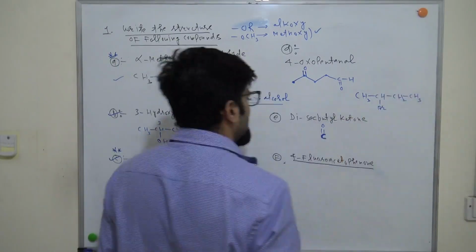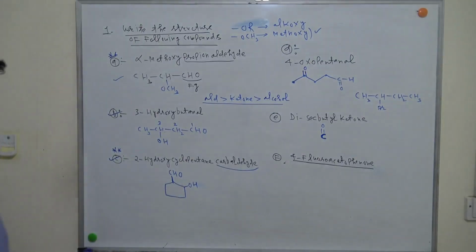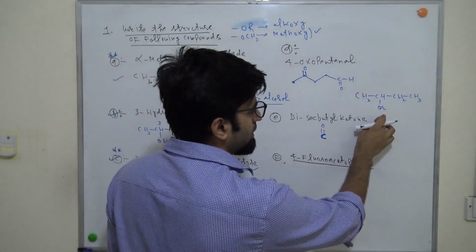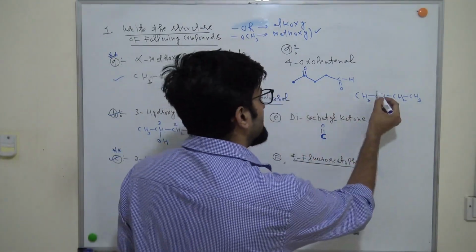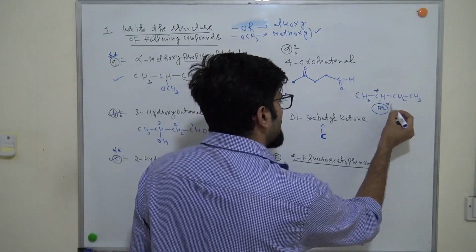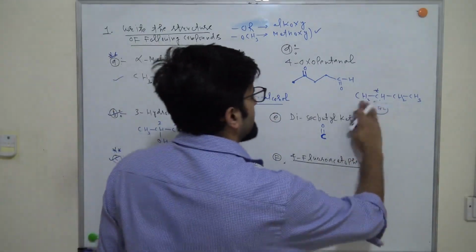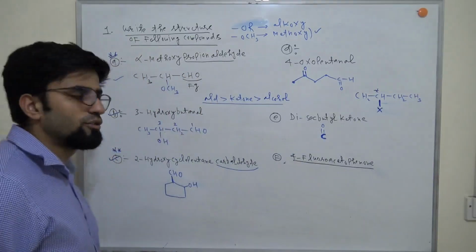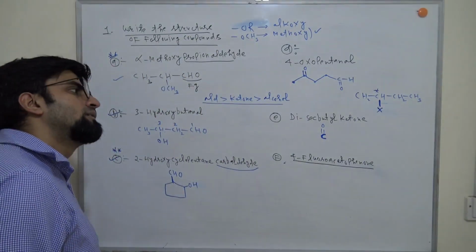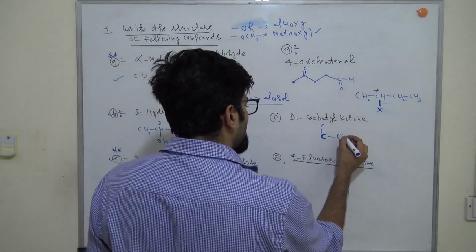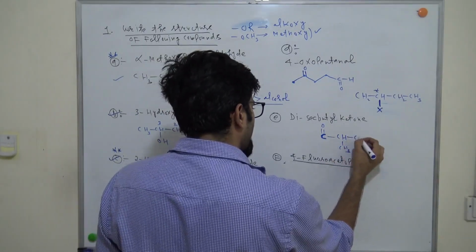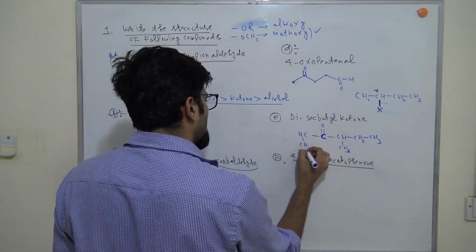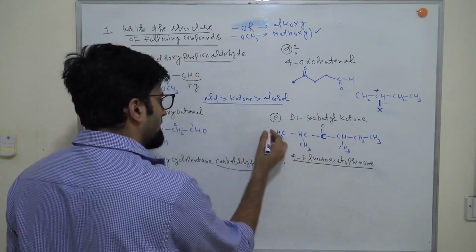If I ask you the common name, then what can I call it? Secondary butyl group, because the second carbon is substituted with some substituent. So this is secondary butyl. If this valence is free here, you can add any group, and then this group is known as the secondary butyl group. It means the secondary carbon of secondary butyl will be attached to the ketone, like this.